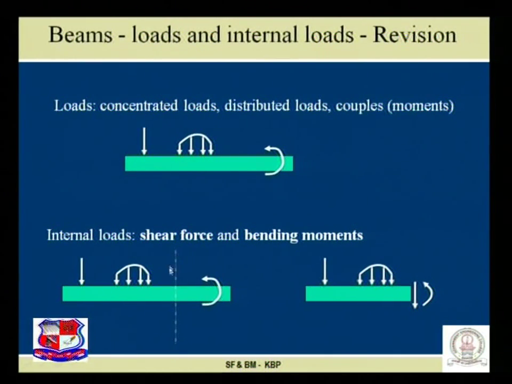Because of this section, the beam will be divided into two parts, left part and right part. You just see the left part. This is the free body diagram of the left part of the beam. These quantities at the cross section XX are referred to as shear force and bending moment.